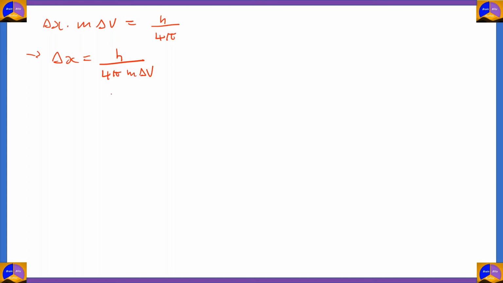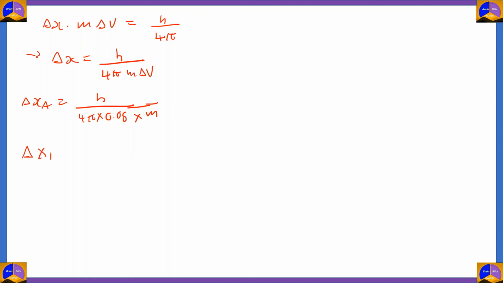So using this, we can now find out the position uncertainties of A and B. Delta XA is equal to h, it stays the same, 4 pi stays the same. Now delta V of A is given as 0.05, multiplied by the mass, which is m.